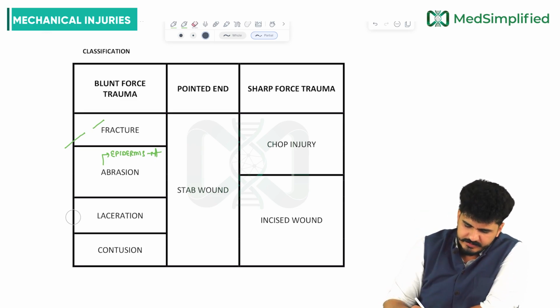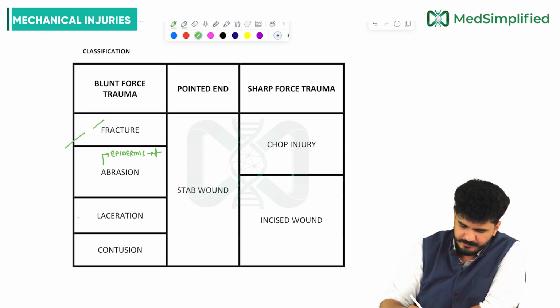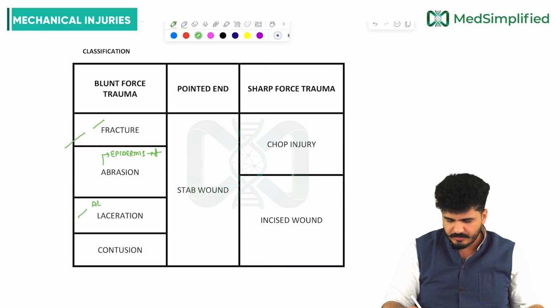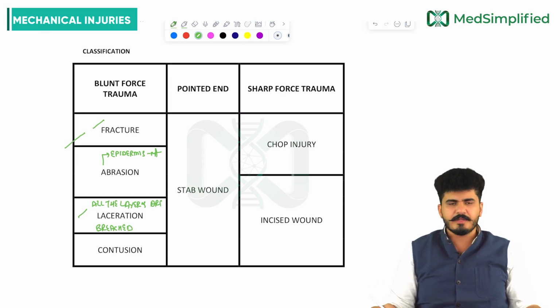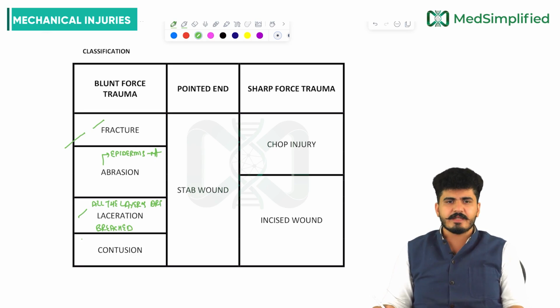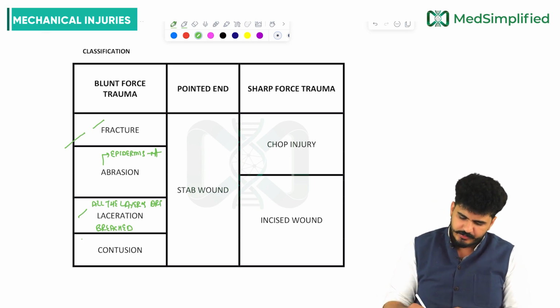Third thing is laceration, a lacerated wound. In a laceration, all the layers are breached. This is laceration, my dear friends. Now we talk about the other thing, that is contusion. What is contusion?